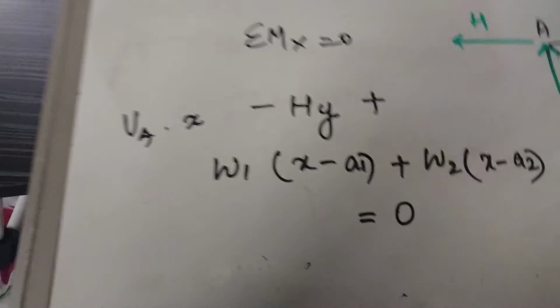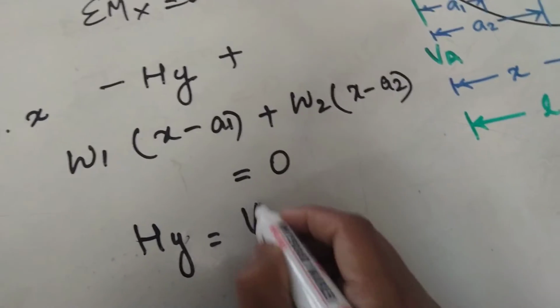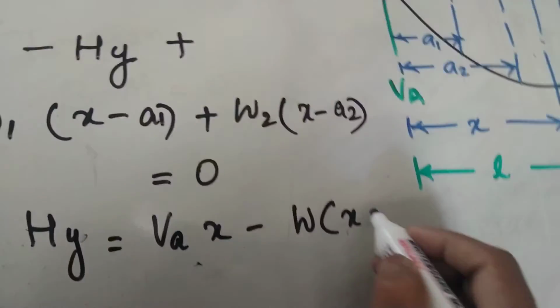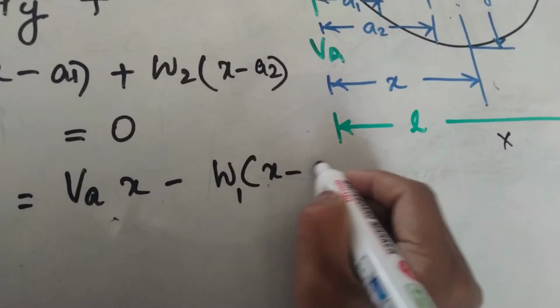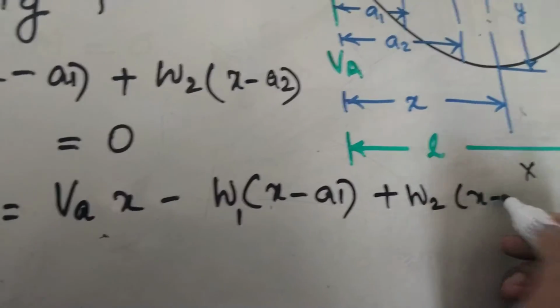So you will get H y is equal to VA into x minus W1 into (x minus a1) minus W2 into (x minus a2).